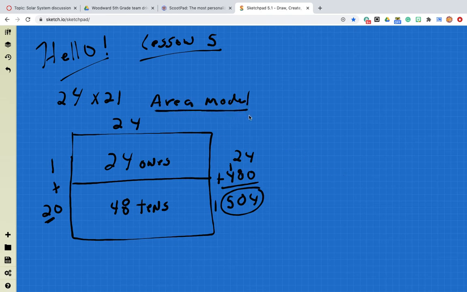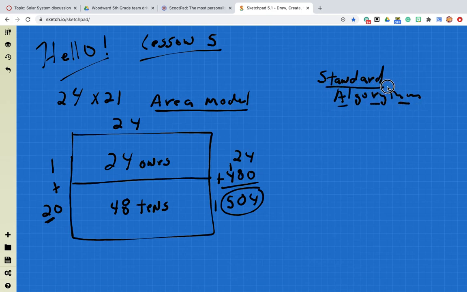Now on your homework today, they ask you to do it with the area model, but also with the standard algorithm. You should have started working with that last year. If you didn't, the standard algorithm is just a fancy algorithm. I'm pretty sure that's spelled wrong. I'm a math teacher, not a spelling teacher.